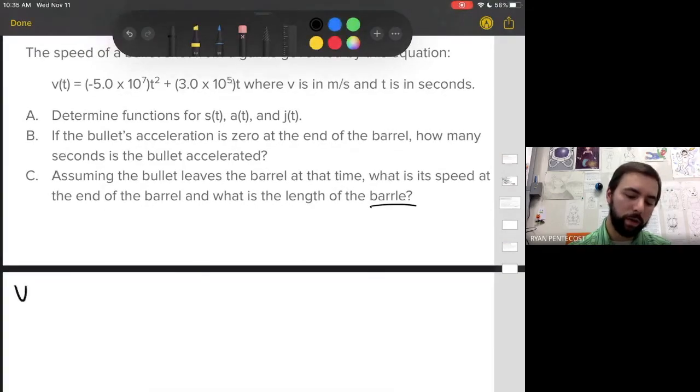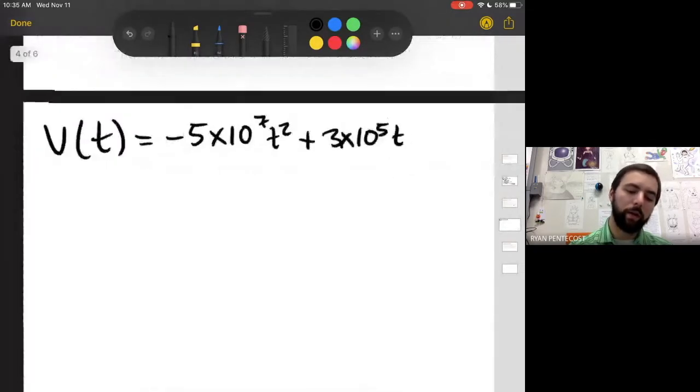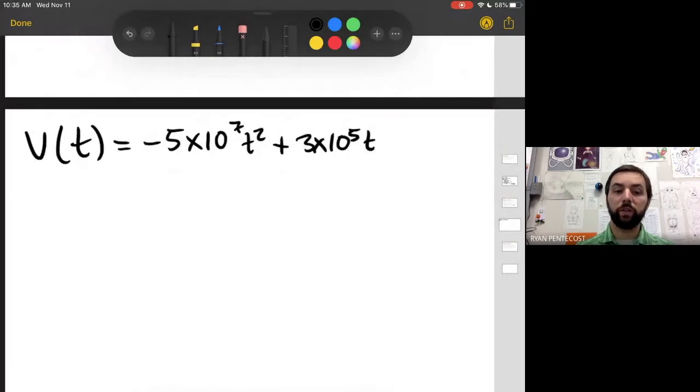V of t equals -5 times 10 to the 7th t squared plus 3 times 10 to the 5th t. Okay. Good deal. Now, let's find position first. That's what we've been solving for lately, so that we can do our integrals. And then we will go on from there.